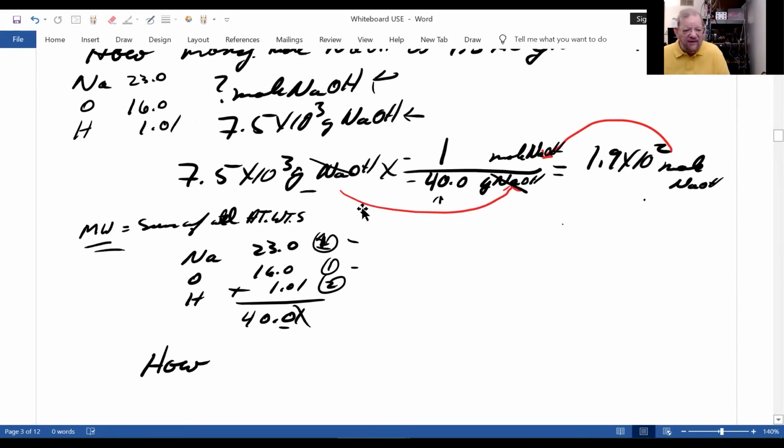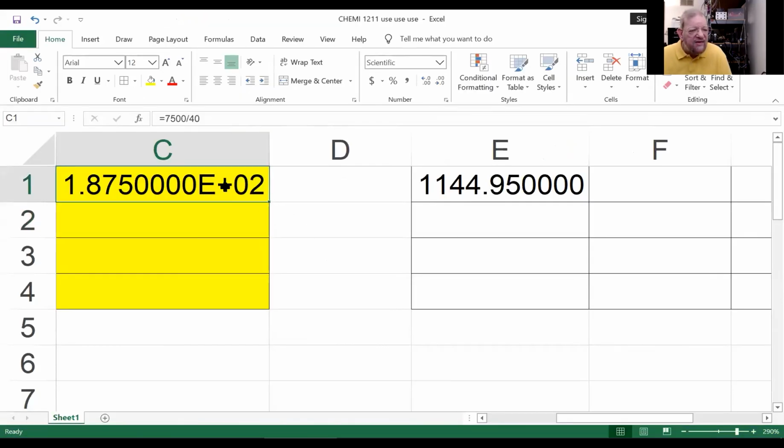If you look here, I took 17.5 times 10 to the third and divided it by 40.0. Gabrielle, does that help you? You said 17.5, isn't it 7.5? Did I put in 17? I'm not quite sure. No, I wasn't paying attention. You weren't? Well, I'll forgive you.